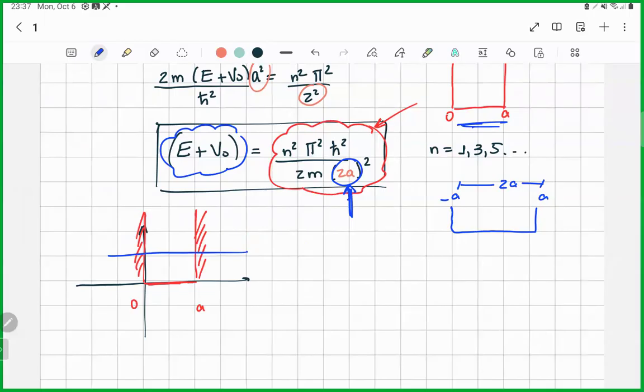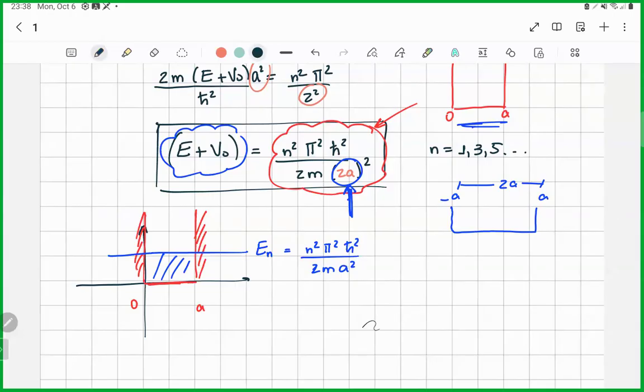When we solved the problem, the value of the energy was n squared, pi squared, h bar squared divided by 2ma squared. This was the energy above the minimum value of the well.